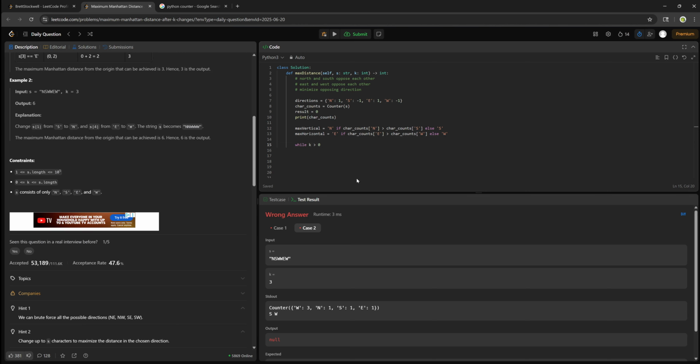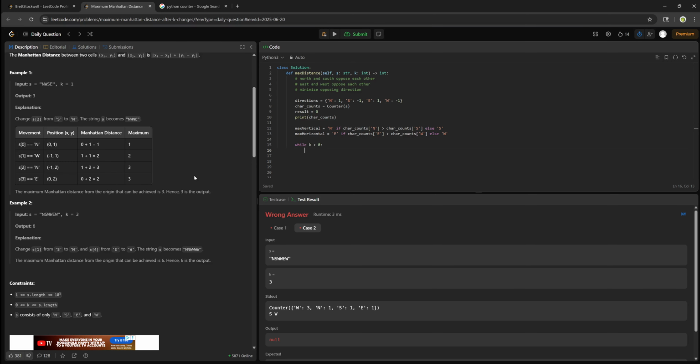Well, k is greater than 0. Well, k is greater than 0 and I guess we can have one variable that is going to keep track of the difference between each opposing direction.